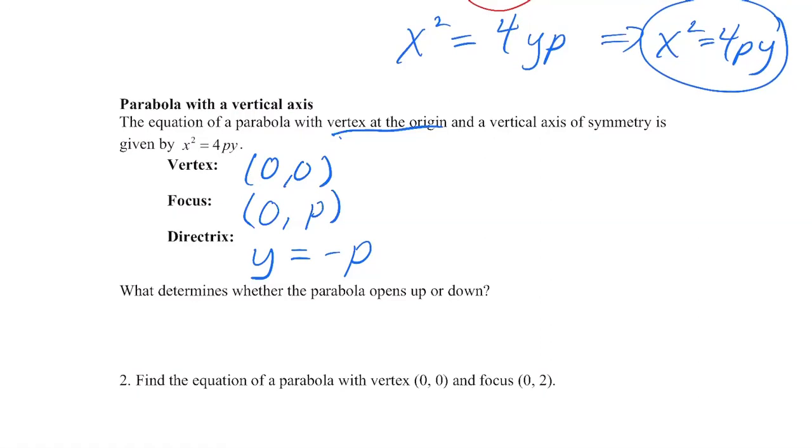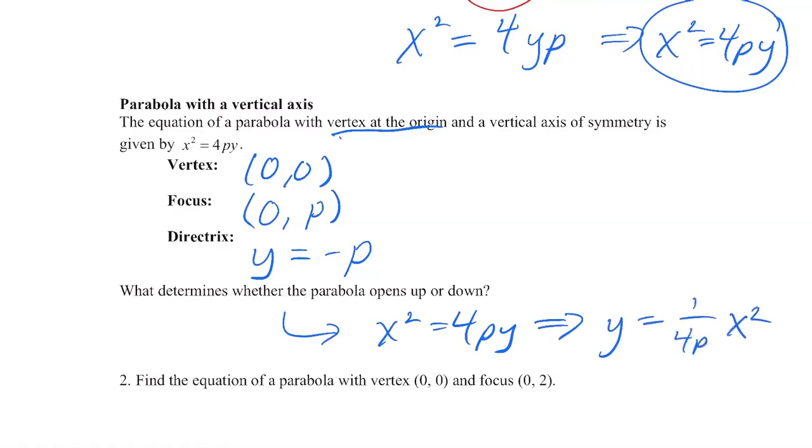But what is it that determines whether the parabola opens up or down? Well, it might be helpful at this stage to do a little bit of a rewrite. If we were to solve for y and take x squared equals 4py and do the shuffle that we would expect, we get that y equals 1 over 4p times x squared.